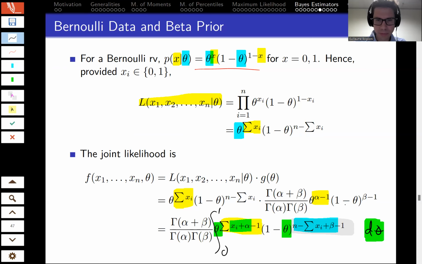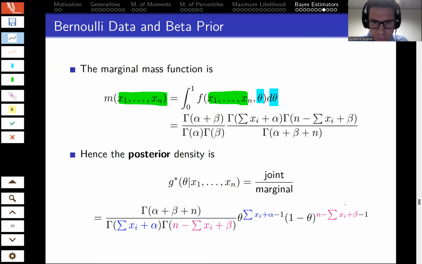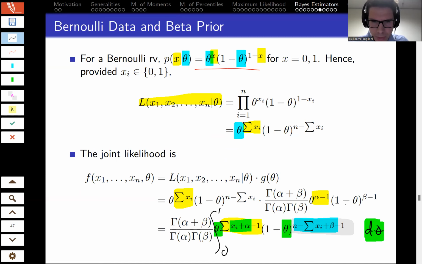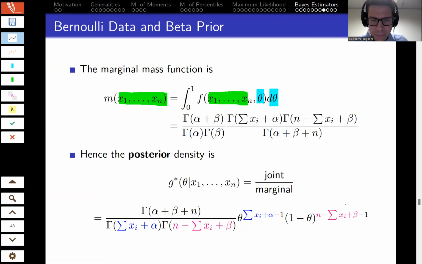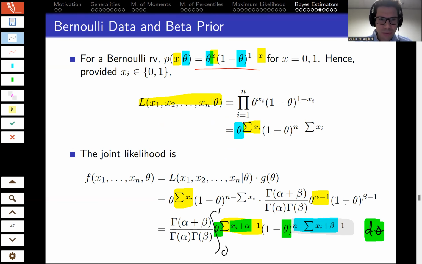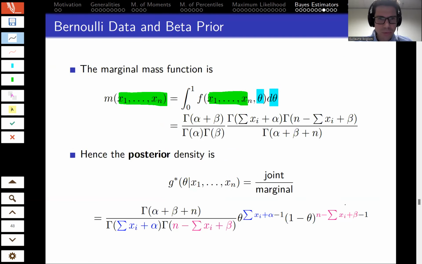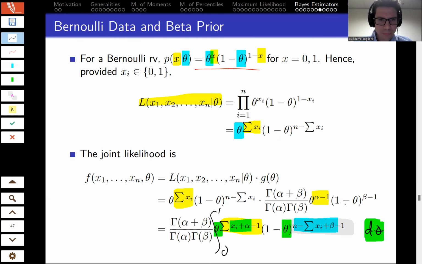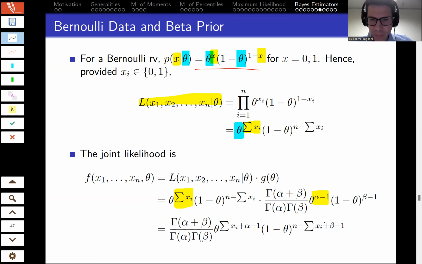The joint is just, I'm sorry, I'm too cluttered in my writing here.